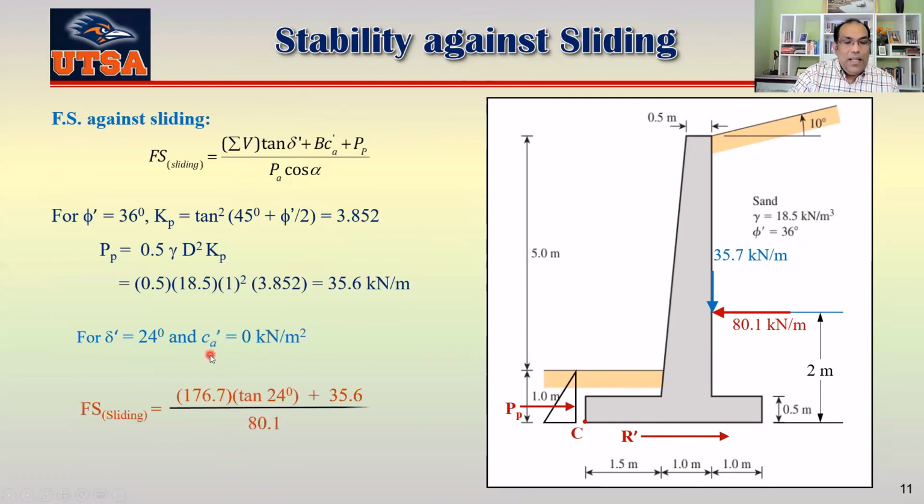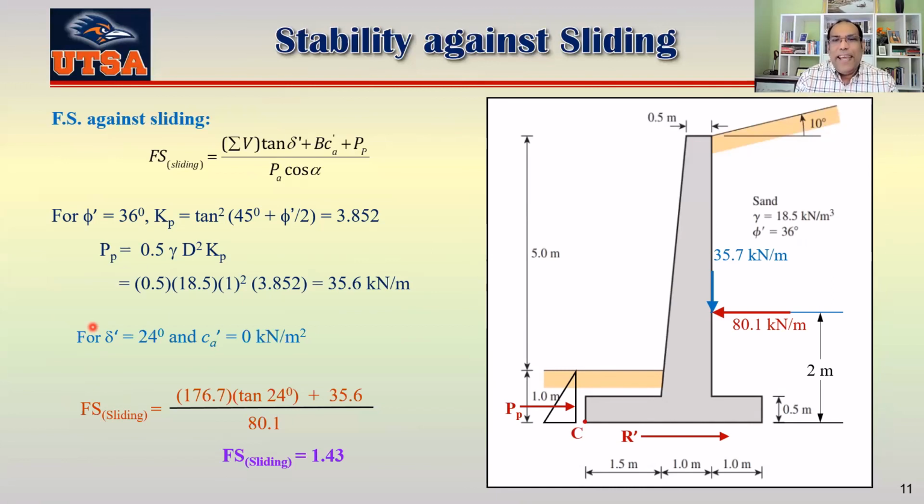This is the summation of vertical forces times tan 24 plus your PP, divided by your PA cosine alpha, which is 80.1 kilonewton per meter. So your factor of safety against sliding is 1.43, which is a little less, but that's what they ask you to find out, okay?